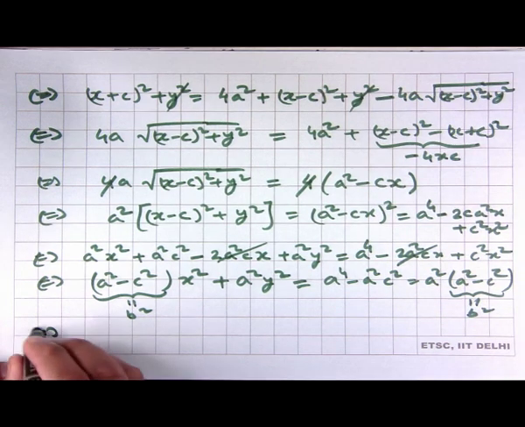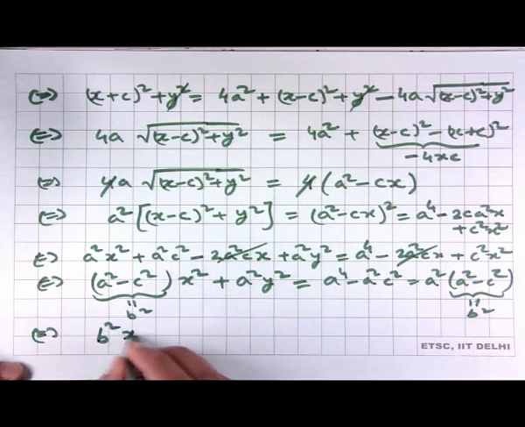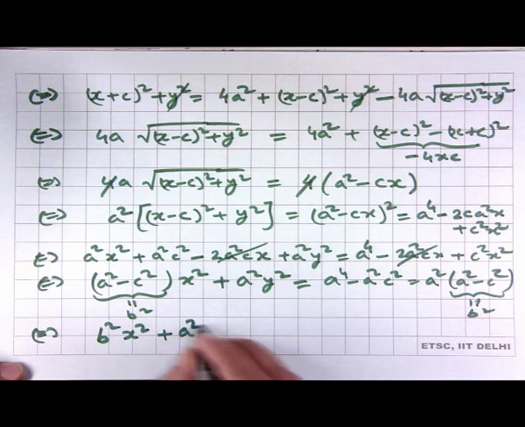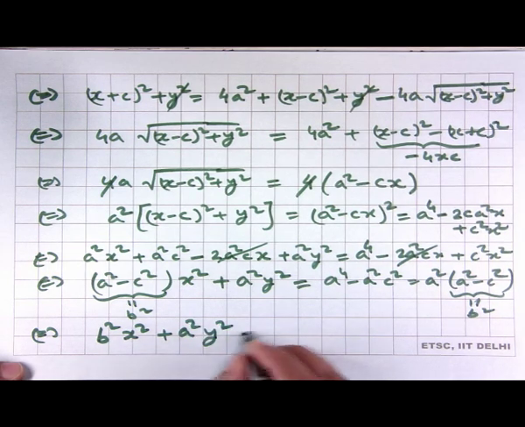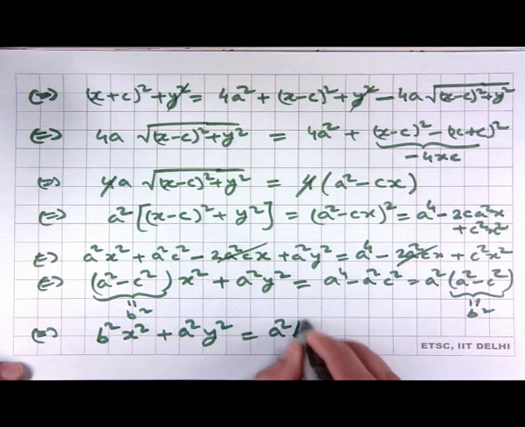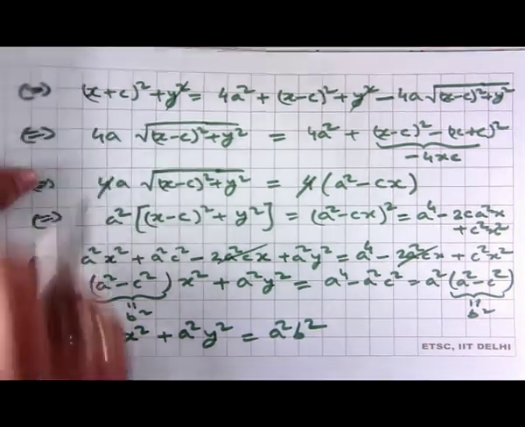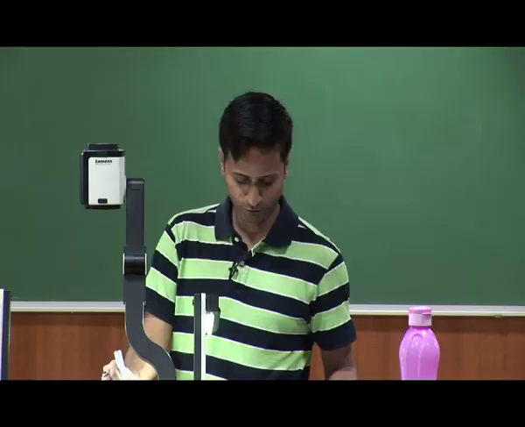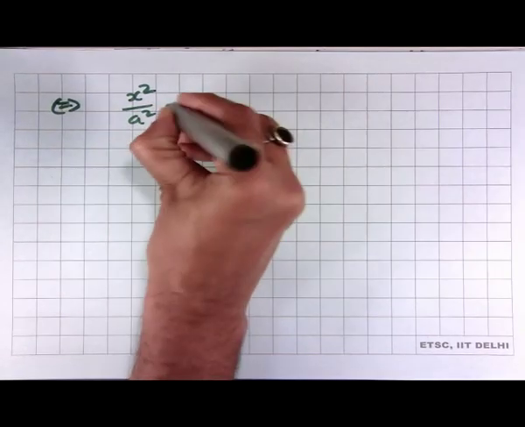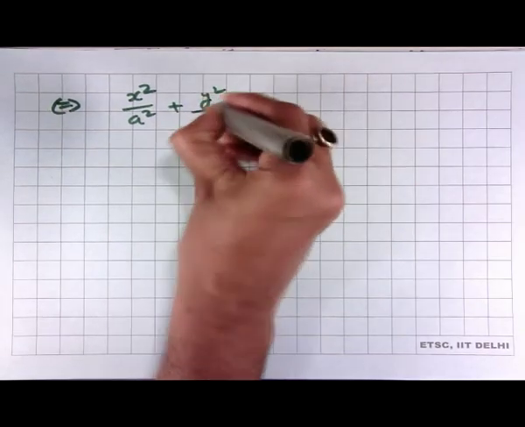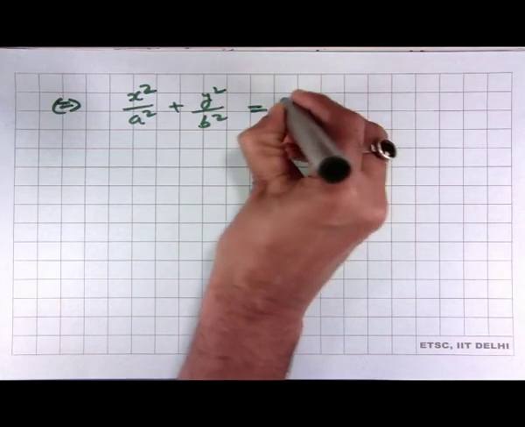So, we get b square x square plus a square y square equal to a square b square. Now, dividing by a square b square, this gives x square by a square plus y square by b square is equal to 1.